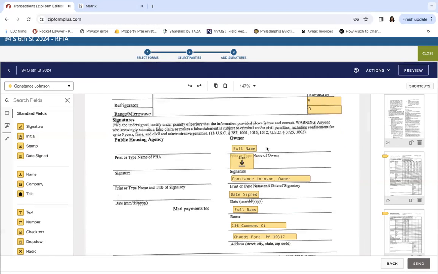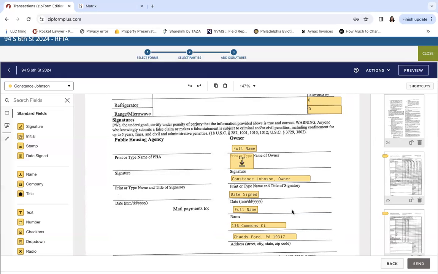The owner is going to fill out the right-hand side with their full name. They're going to sign underneath. You're going to print the name and put their title of the person completing this. You're going to date it, and it's going to ask you for who they mail the payments to.